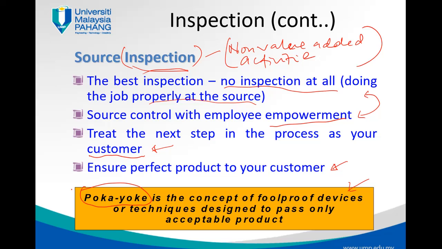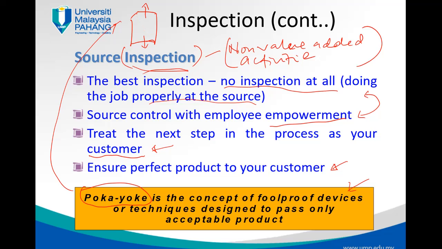For an example, if we look at our SIM card shape here, our SIM card is designed based on Pokayoke concept, where it cannot be inserted into the SIM card slot if we put it in the wrong way. For example, we need to insert in this way, but if we put in this way, we cannot insert it.